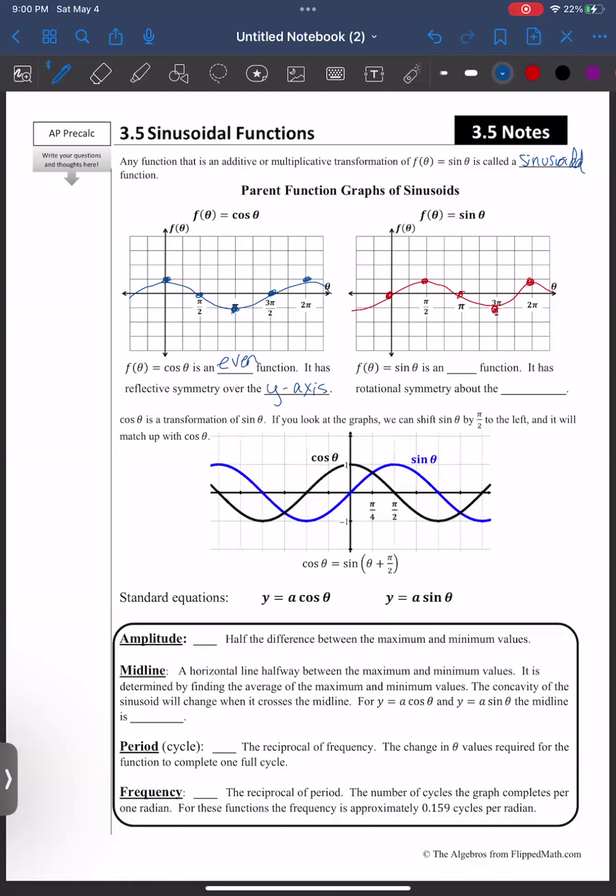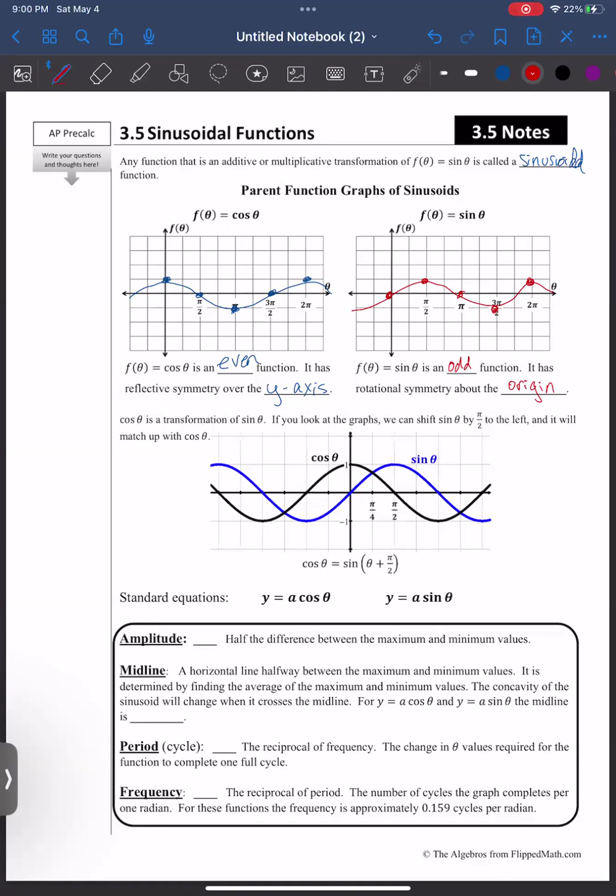Now for sine of theta, well, sine of theta is actually an odd function because it has rotational symmetry about the origin. So basically saying if I took my sine function and I rotated around my origin, which is 0, 0, I would be able to line up my graph perfectly.